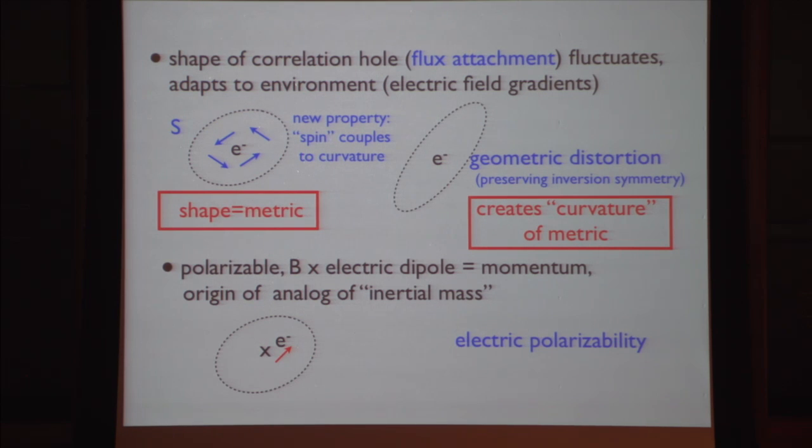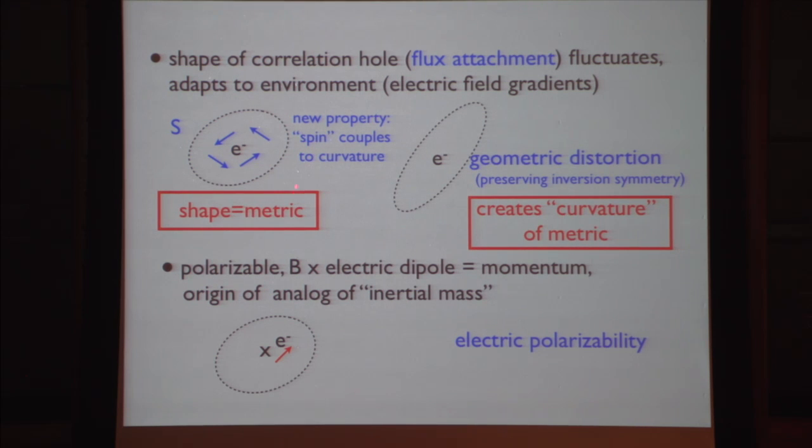And if that metric is an intrinsic field, not an external background field, then the system can adjust itself by changing its metric to pile up some particles somewhere and other particles somewhere else. And it turns out that the coupling to that, of course, is a spin.